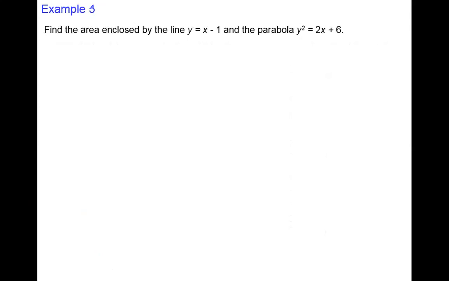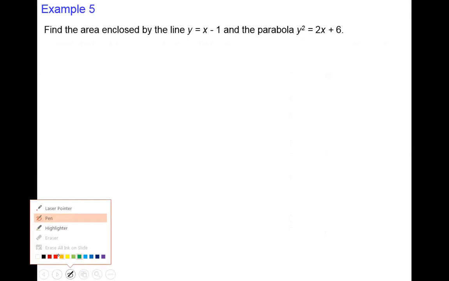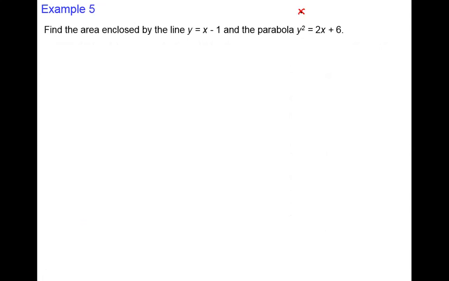Let's try to do this question. Find the area enclosed by the line and the parabola. Now we can see it's the parabola the other way, because I can easily solve this equation for x, subtracting 6 and dividing by 2. We can see I do have 1/2 y squared minus 3.